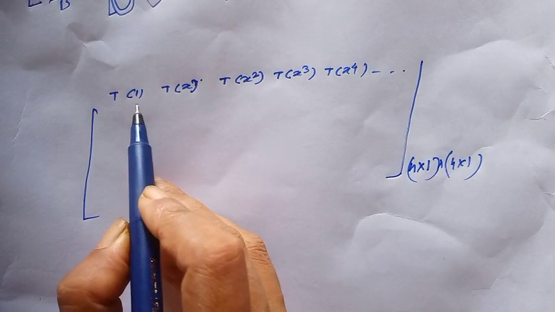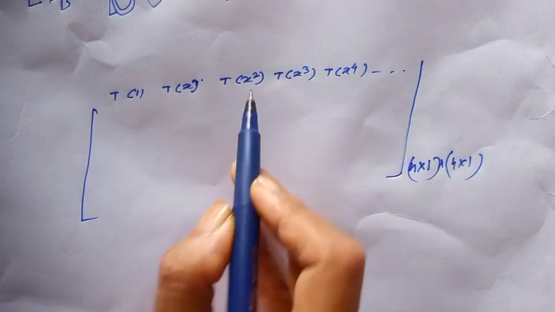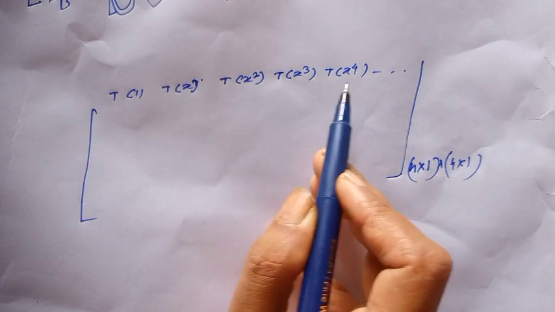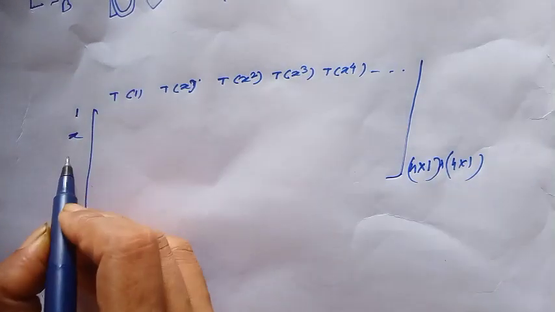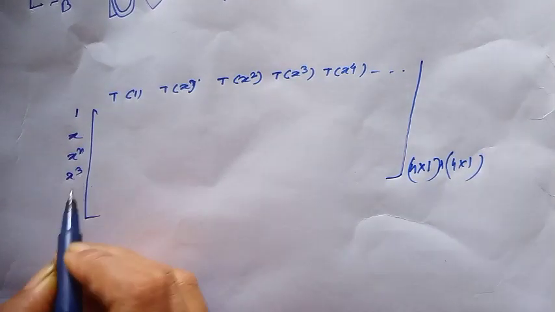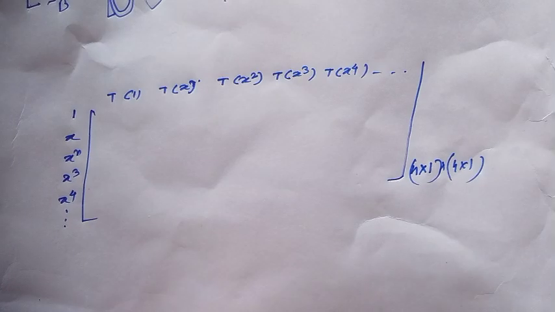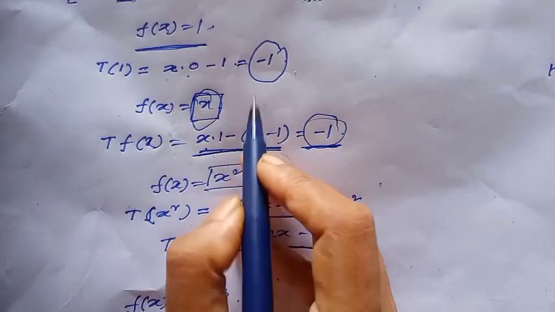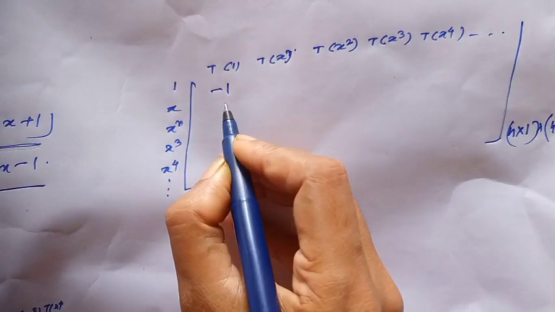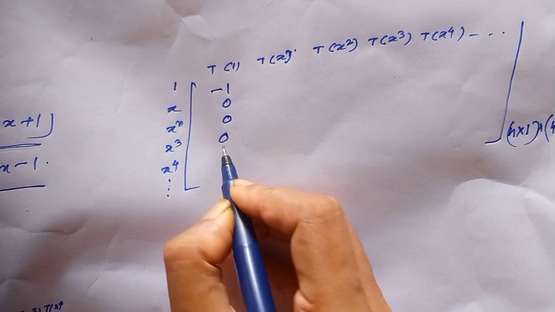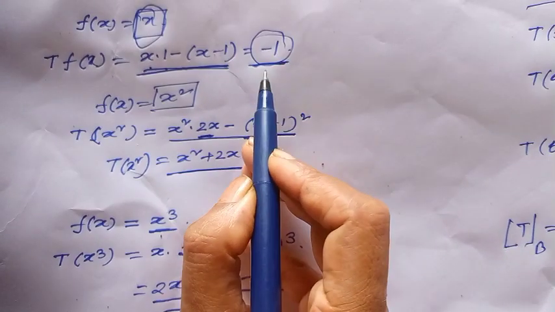Here would be T1, T x square, T x cube, T x to the power 4 and so on, and here would be the basis vectors 1, x square, x cube, x to the power 4 and so on. Since T of 1 equals minus 1, the matrix column would be minus 1, 0, 0, 0 and so on.